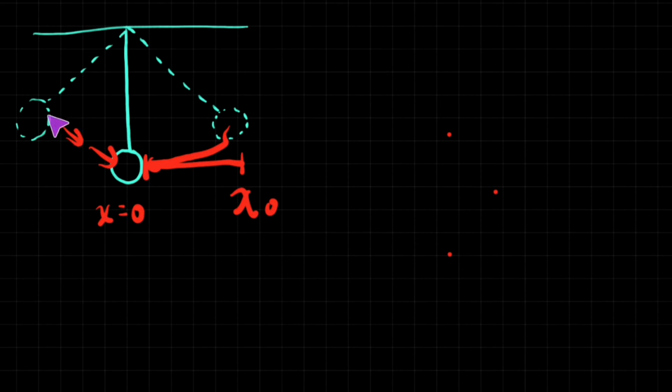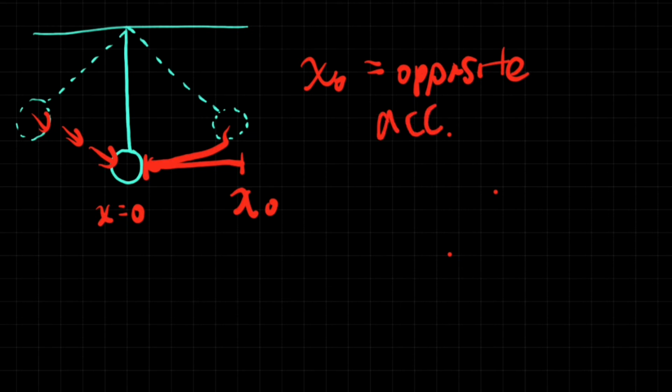So it's accelerating in this direction, which means it's decelerating, stops a bit, and then accelerates like this again. So the most important thing here is that the displacement is in the opposite direction to the acceleration.